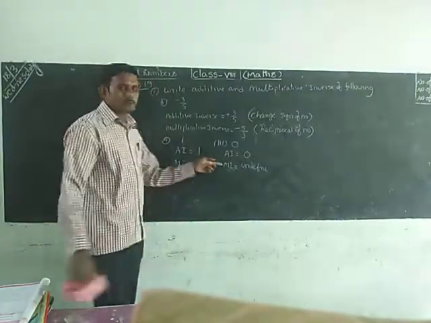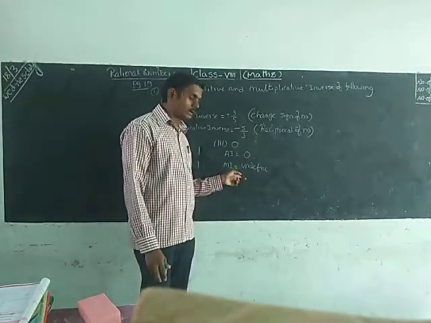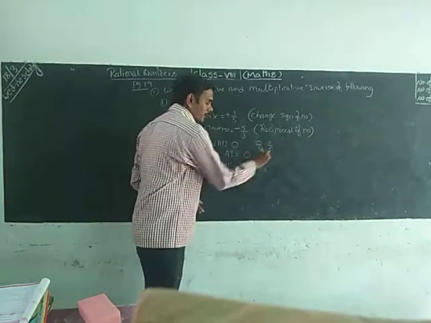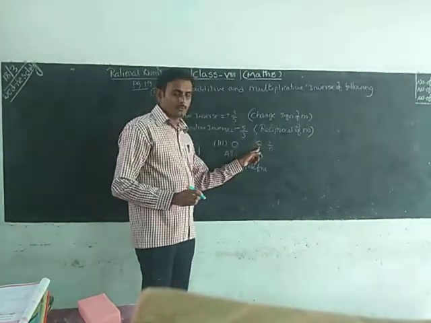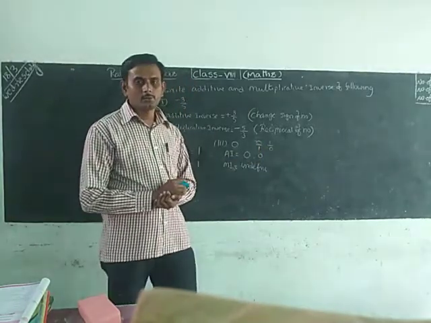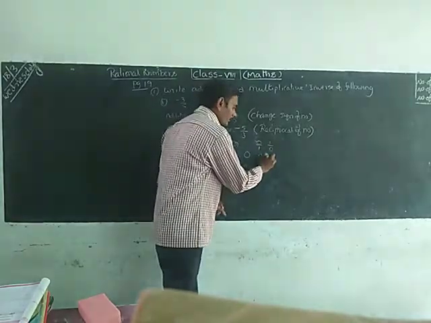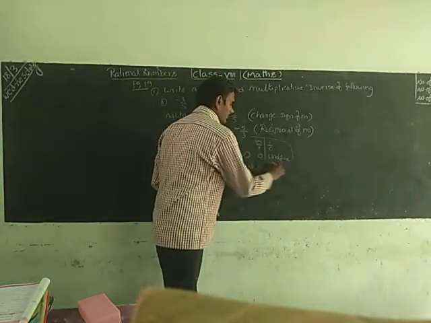Which number does not have a multiplicative inverse? 0. 0 does not have a multiplicative inverse, because 0 means 0 by 1, and its reciprocal is 1 by 0. Whenever the numerator is 0, the solution is 0. Whenever the denominator is 0, the solution is undefined.